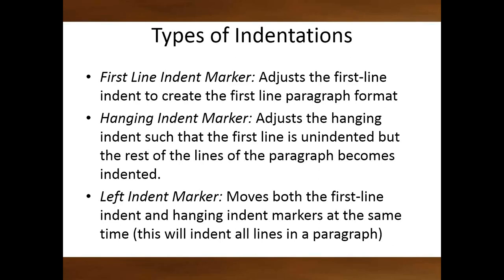So what this tells us is that all the lines of text within the paragraph is shifted so that there's a gap left between the margin and the texts or lines of the paragraph.